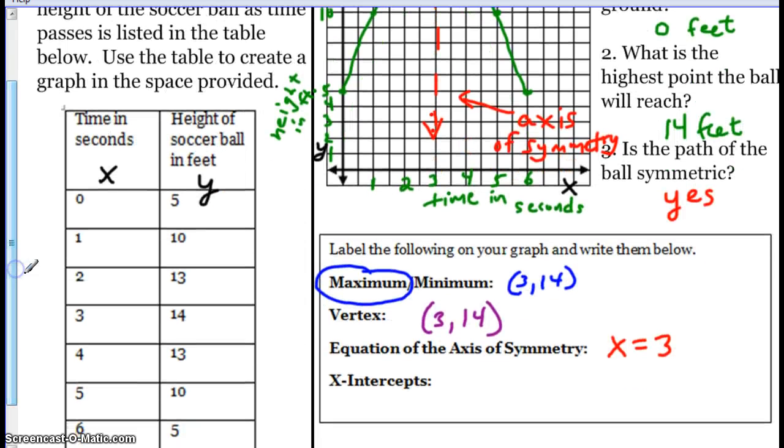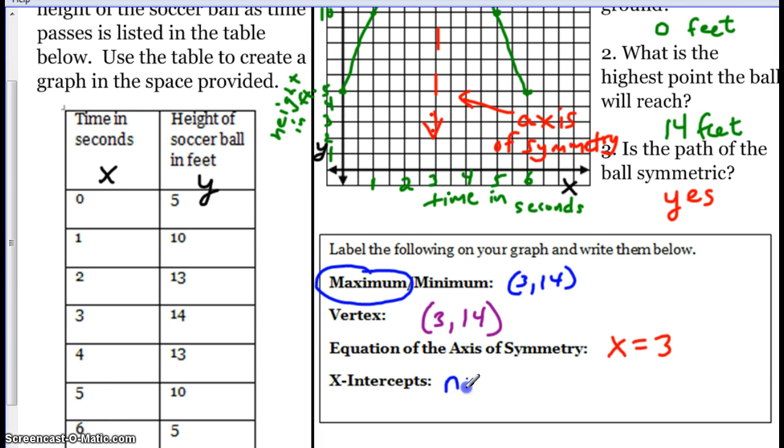Our x-intercepts, in this case, we don't know if it hits the ground yet. So we only have this much data. So at some point, unless they juggle for a really long time, at some point they will stop juggling and it will hit the ground. So at some point it will, but all the data we have, we don't know when that is. So we don't have any x-intercepts.